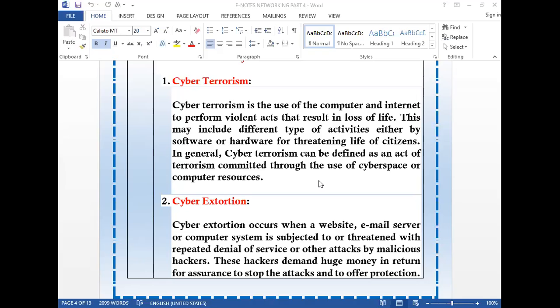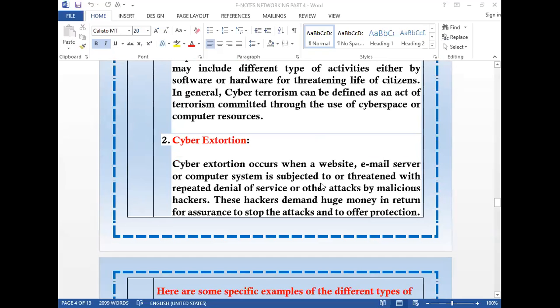And what is cyber extortion? Cyber extortion means when hackers demand ransom money. A hacker has hacked your website. A hacker has hacked or stolen your important information. And after stealing your information, the hacker is demanding ransom money, that you pay me the ransom and I will release the documents.